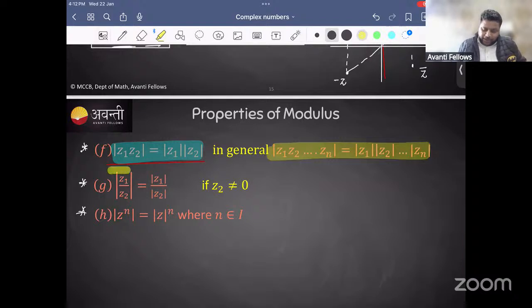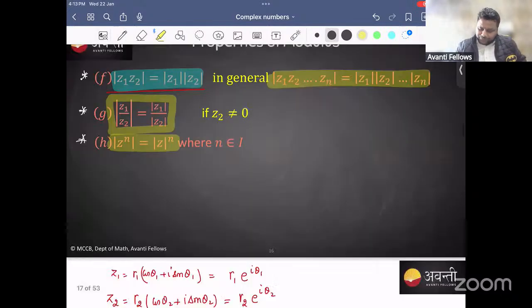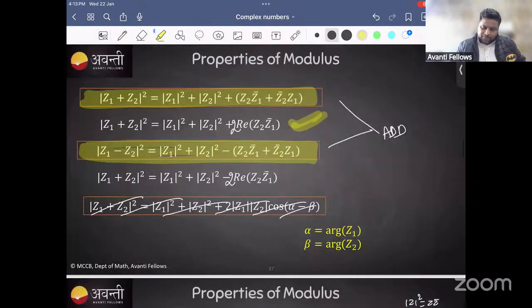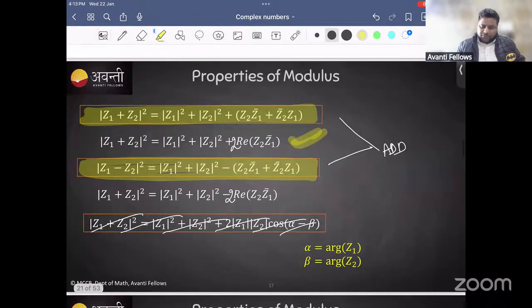Similarly, magnitude of z1 upon z2 is magnitude z1 upon magnitude z2, and magnitude of z to the power n is magnitude z raised to the power n, where n belongs to integers. Understood?